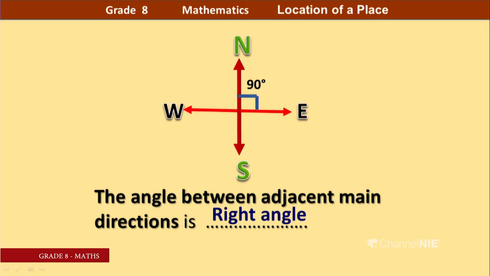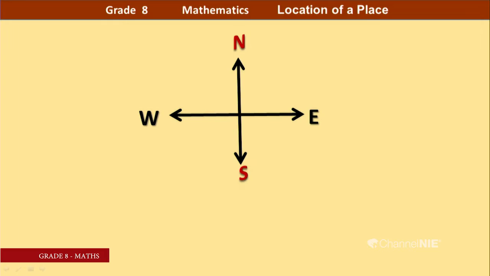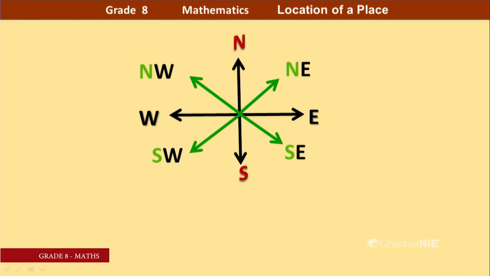Not only the angles between main directions, we will move on to identify the angles in subdirections. Here we go. These are the subdirections. We are going to compare the angle between an adjacent main direction and a subdirection.